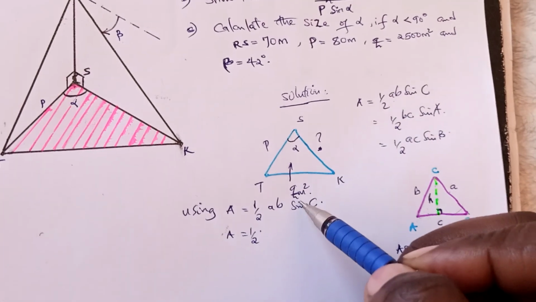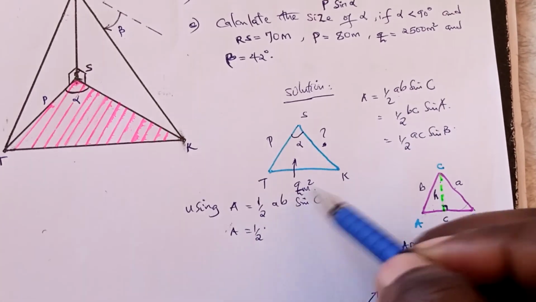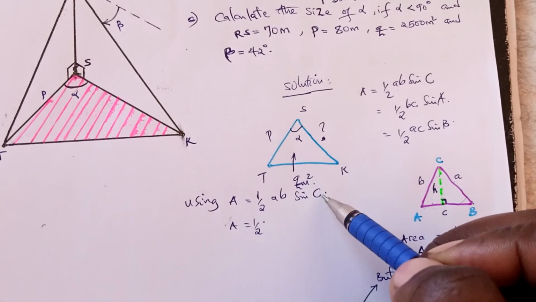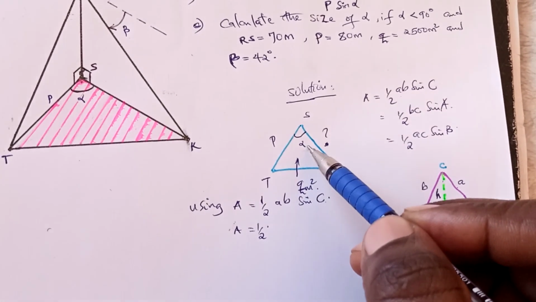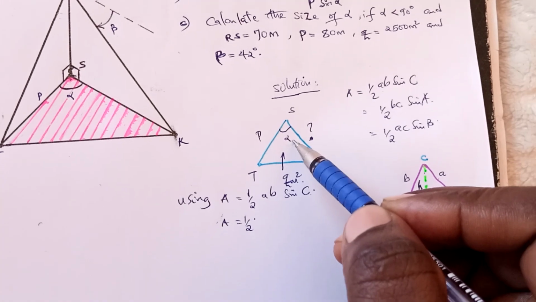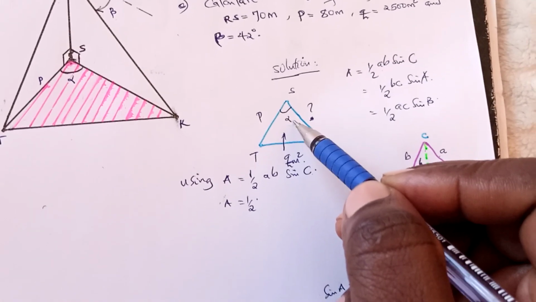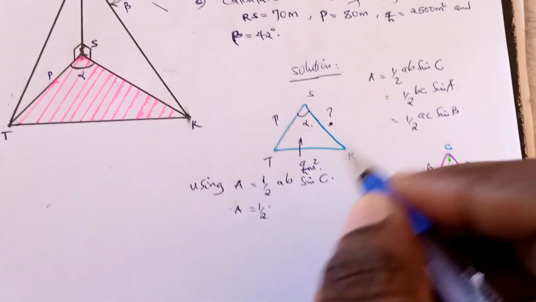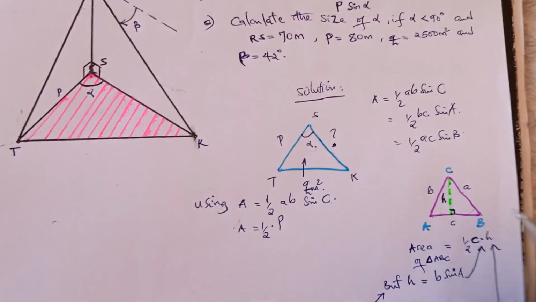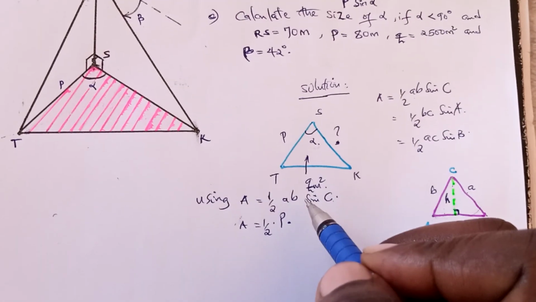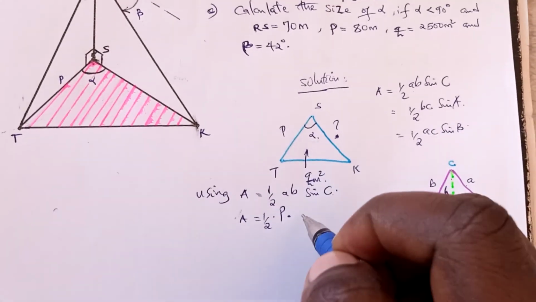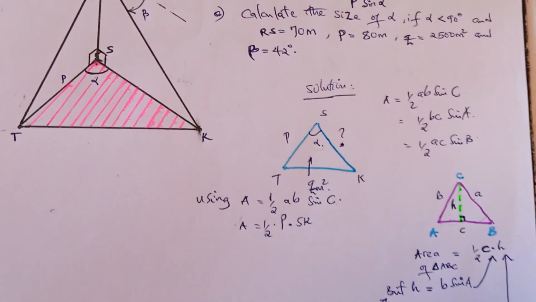Now, looking at angle C, first look at angle C. C will be this alpha, okay? Therefore, we shall have P will be our A times B, which is SK, what we have in question.